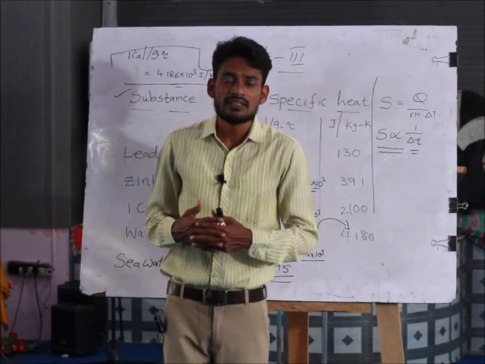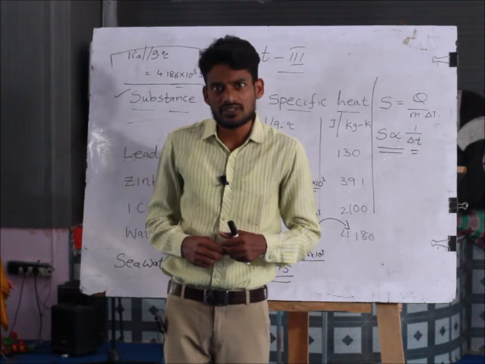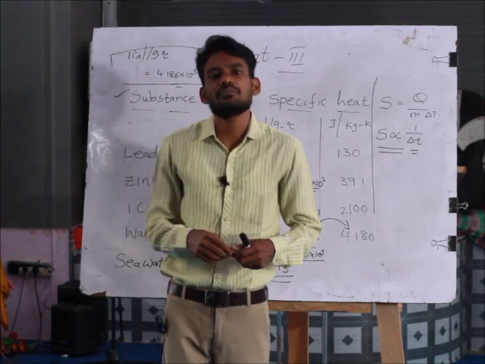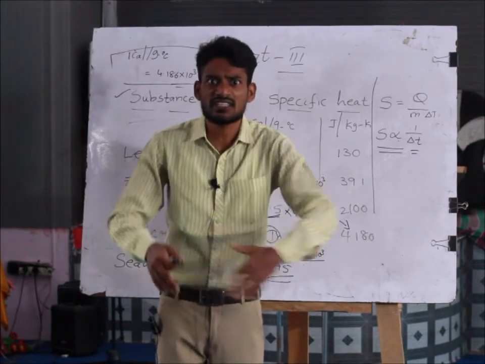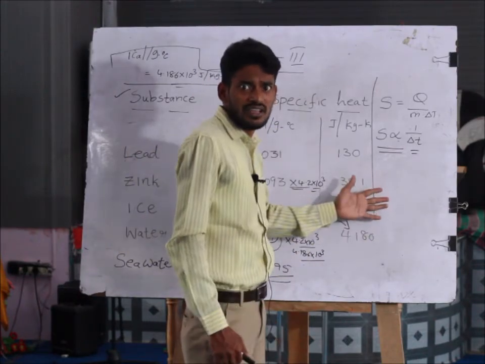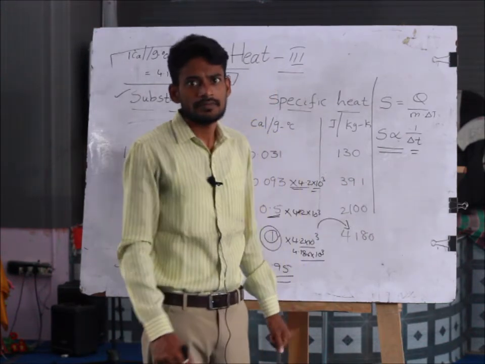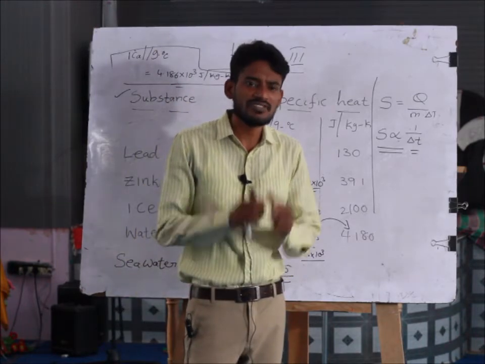Right? Land immediately loses its temperature. Of course, it gains temperature fast and loses temperature fast, because land has low specific heat. Coming to the water bodies, they have the highest specific heat. Right? You might have understood the concept of specific heat clearly.